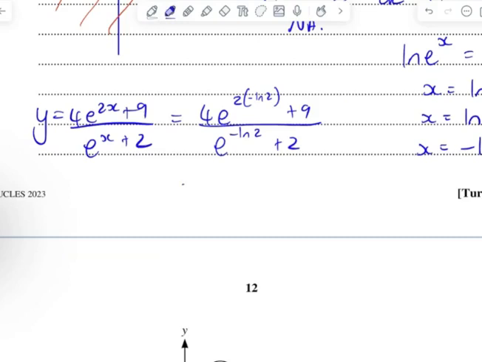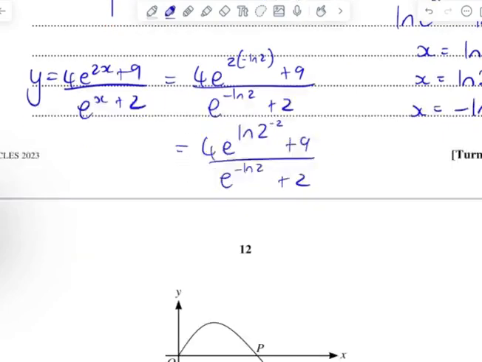And that gives us 4e to the... if I multiply my 2 in, it's going to be minus 2. So I'm just going to say 2 to the power of minus 2. I really haven't given myself a lot of space to do this, but my e and my ln cancel each other out. This is going to be 2 to the power of negative 2.